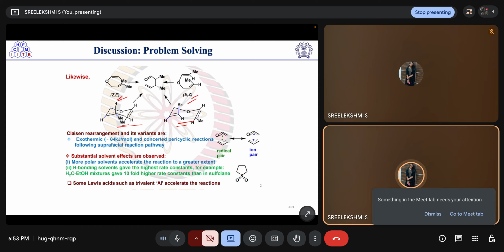If we use polar solvents, it will accelerate the rate of the reaction, and if we use a hydrogen bonding solvent, it will also increase the rate of the reaction. For example, a mixture of water and ethanol will give a tenfold higher rate constant than in sulfolane, where there is no such hydrogen bonding factor. And usually, Lewis acids are also used in some cases to accelerate the reaction.